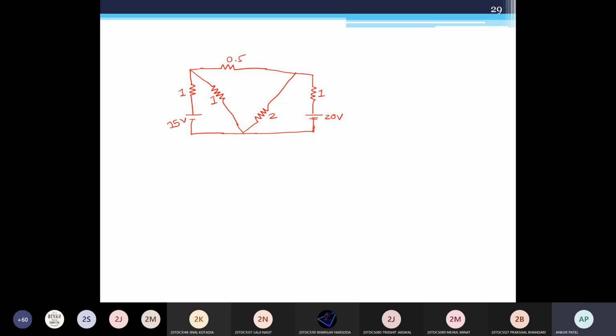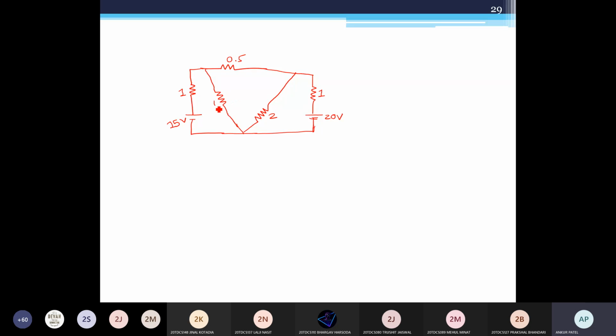So how many nodes are there? Suppose I am shifting this here. You can also draw it like this. So you'll get the idea. Only 2 nodes are there.